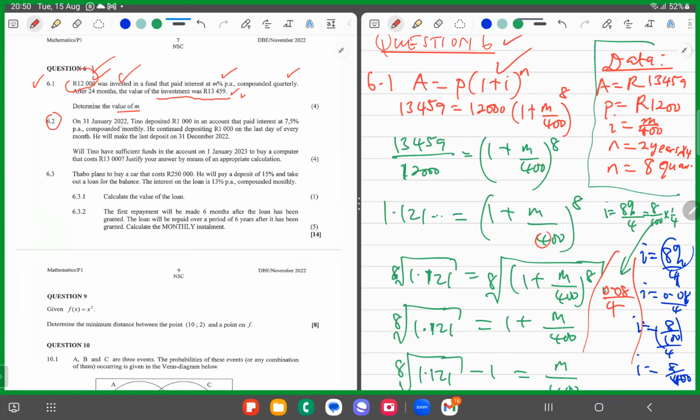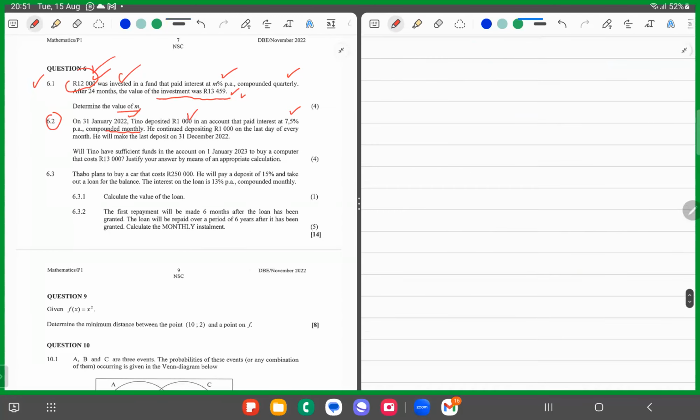On January 31, 2022, Tino deposited 1,000 Rand in an account that paid interest of 7.5% per annum compounded monthly. Let's continue with the question. He continued depositing 1,000 Rand on the last day of every month.